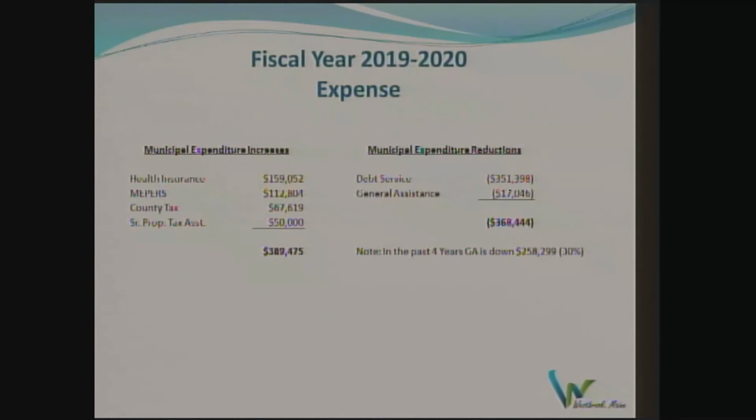The Maine Public Employees Retirement System, which primarily covers public safety personnel, police and fire, and also includes some other municipal employees, is up $112,800.